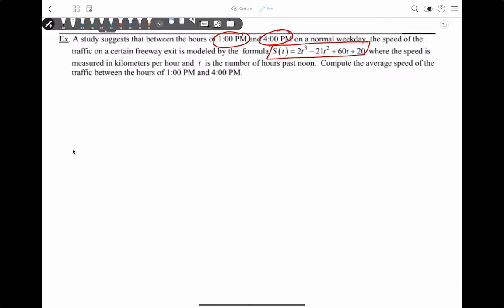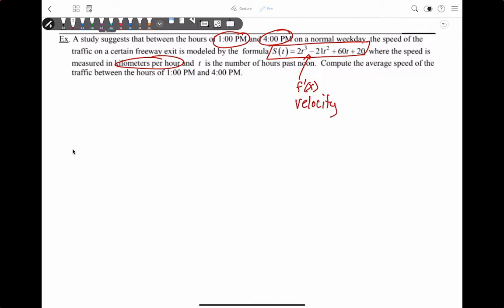So the speed is modeled by this equation that I just boxed, where the speed is measured in kilometers per hour. If this is the speed model and they're saying it's kilometers per hour, we know it's a velocity interpretation. This is your f prime of x, if you will. This is your velocity function.